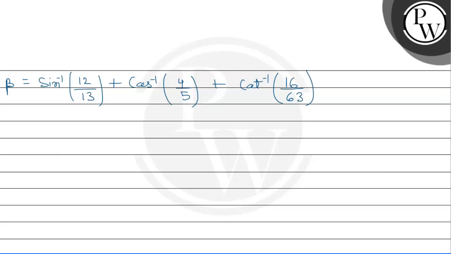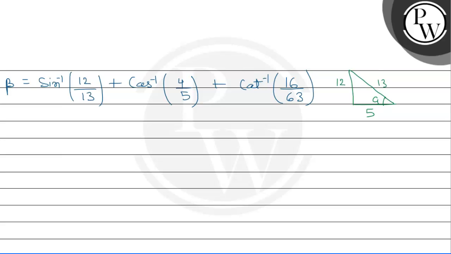Okay, so I will convert all the values in the form of tan. Then I will draw the right angle triangle. Let us suppose this is angle A, and 12 will be height and 13 will be hypotenuse. So we can find base. So base will be root of 13 square minus 12 square. So this will be 5.